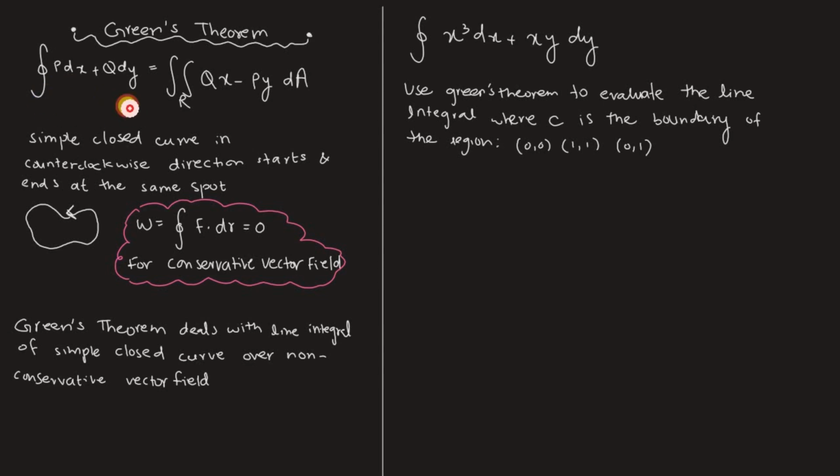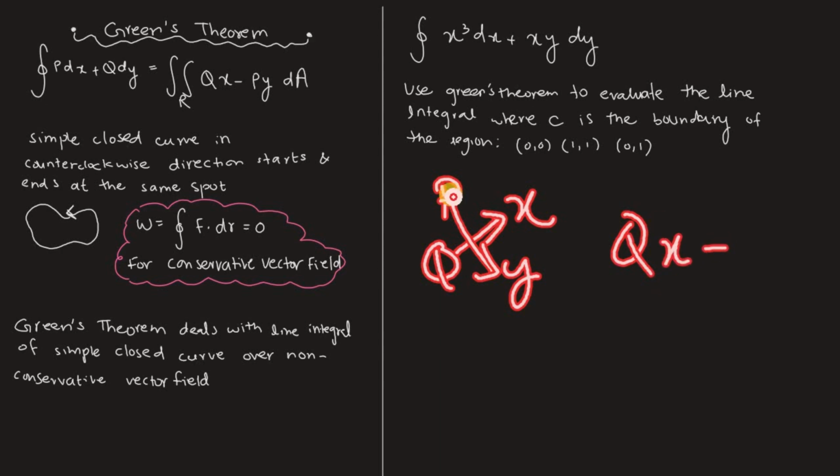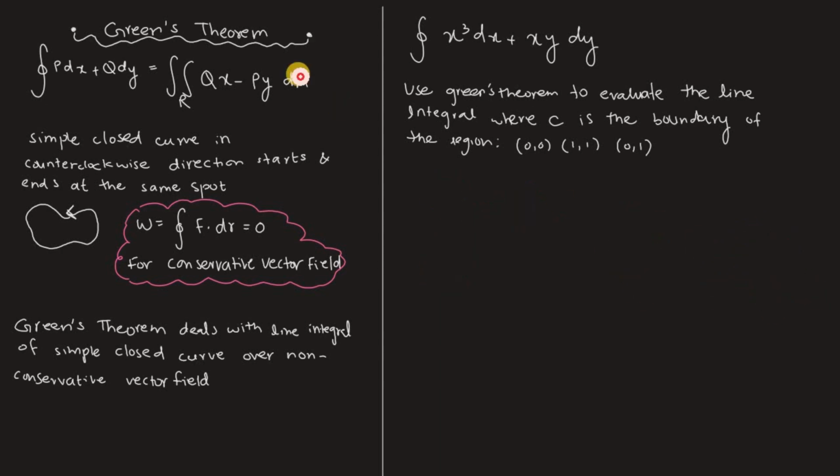Okay, so if you have something in this form, what you can do is take the integral of this, and since P is associated with x and Q with y, you're gonna take Qx minus Py, like this, and then you're going to integrate it and use a double integral to solve it.